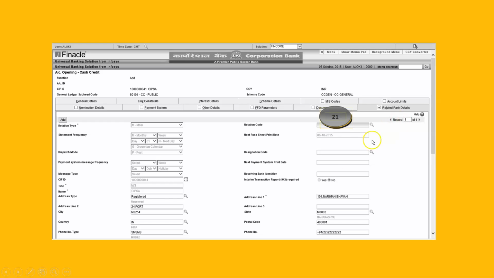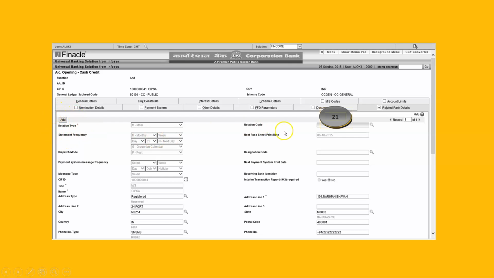Related party details. When you go to the related party tab here, the first detail will be of the original KIF ID that we entered while opening the account. Then from your left hand side, we can add any director, 2 directors, 3 directors, depending on the public or private limited companies as per the mandate, right? Or authorized signatory or power of attorney account holder.